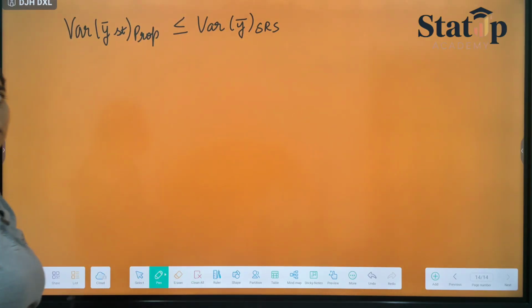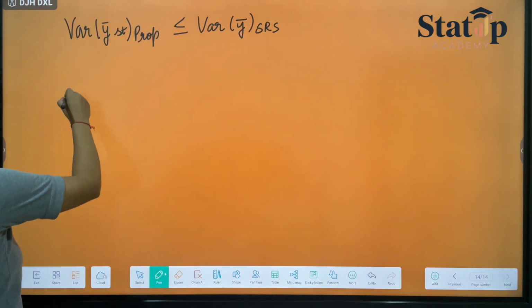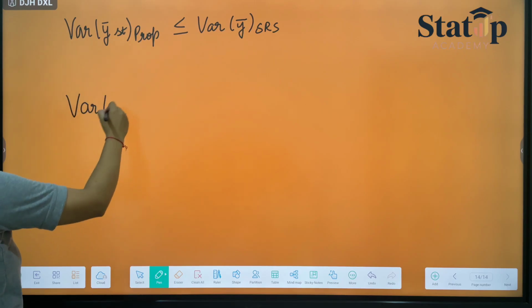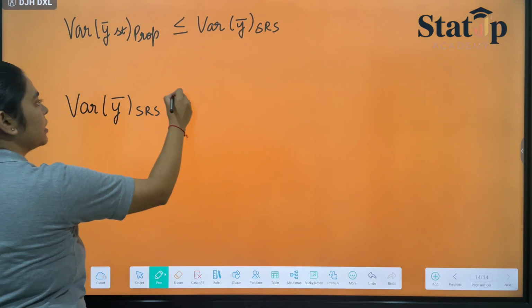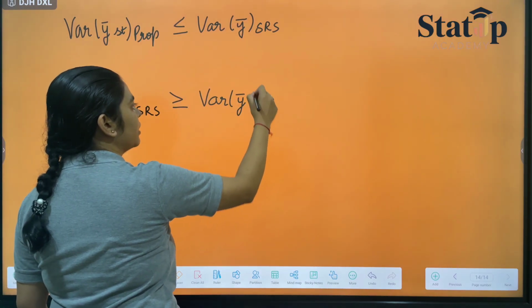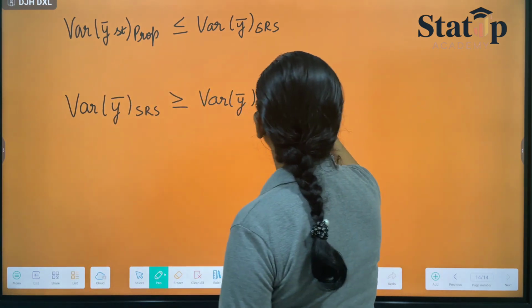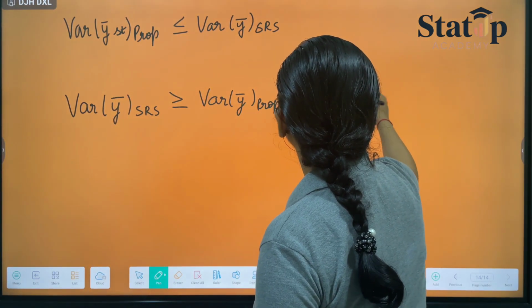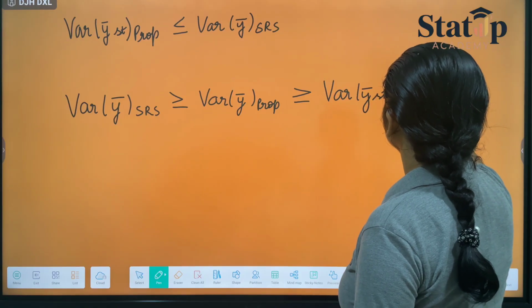From this equation and the previous efficiency equation, we can write that variance of y bar simple random sampling is greater than variance of y bar st proportional allocation, which is greater than variance of y bar st Neyman allocation.